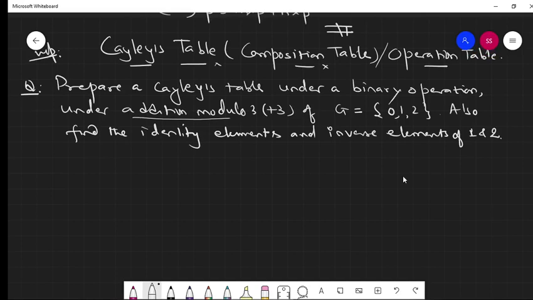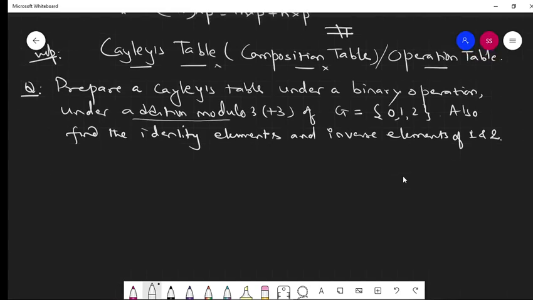Now the solution of this. Here we are given G equal to {0, 1, 2}. These are the elements of this.